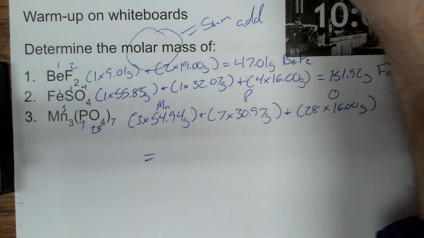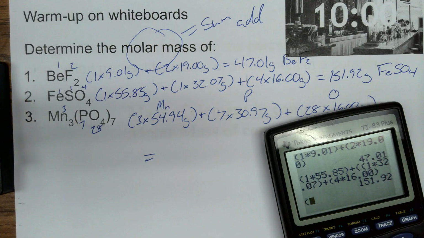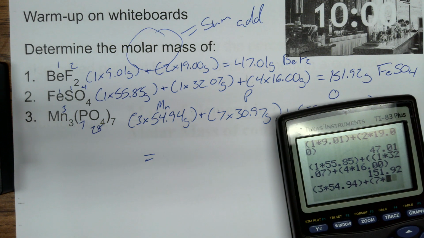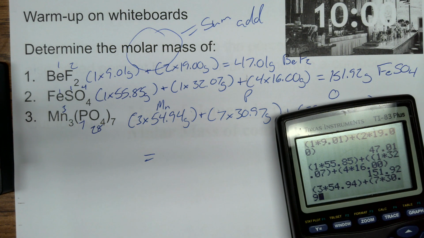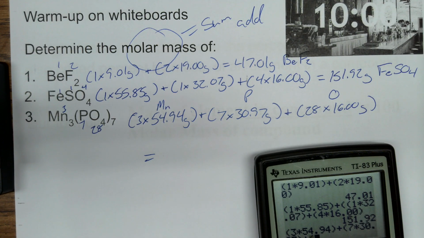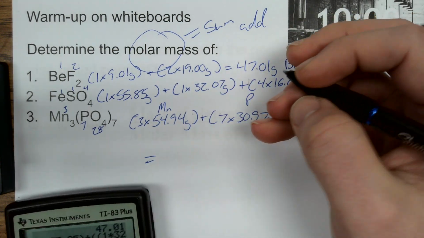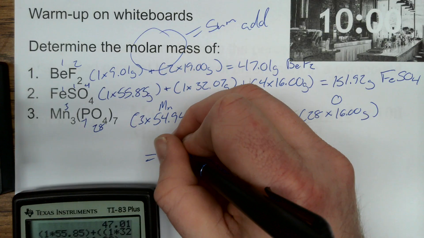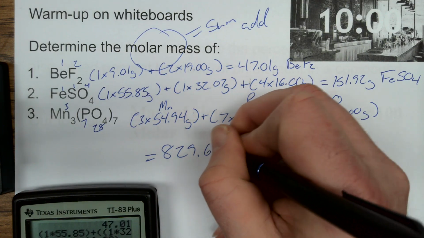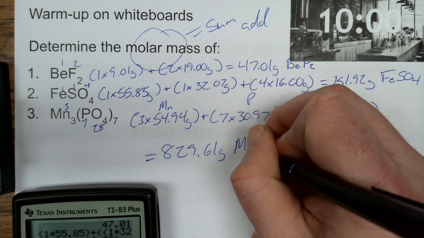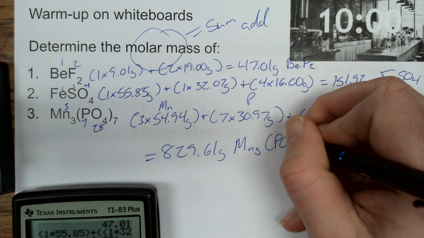So 3 times 54.94 plus 7 times 30.97 grams plus 28 times 16 gives me a molar mass of 829.61 grams for manganese 7 phosphate.